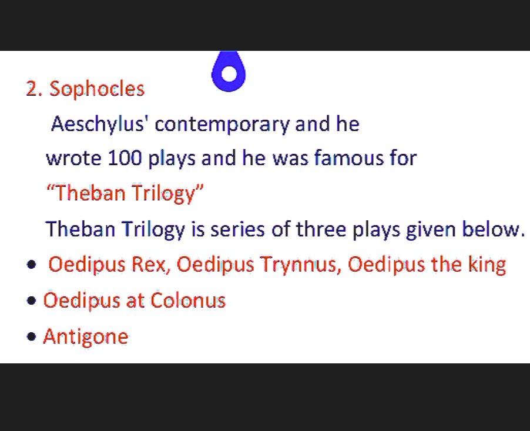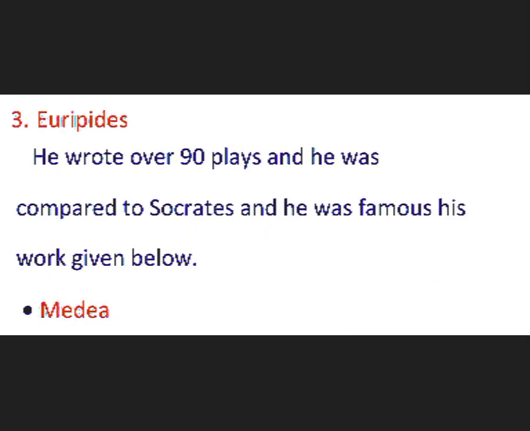The first play has 3 names. The second play is Oedipus at Colonus, and the third play is Antigone. So these 3 plays make the Theban trilogy written by Sophocles. This is a very important trilogy.